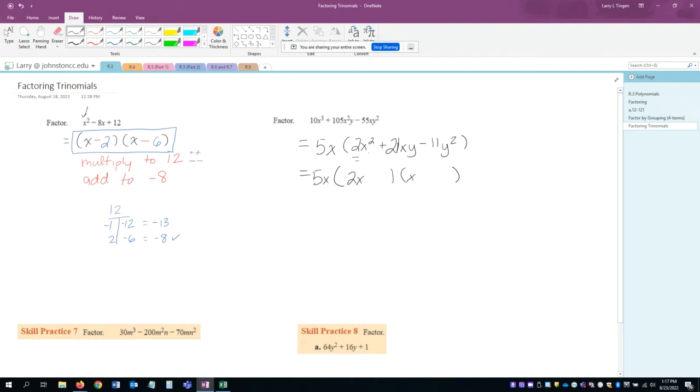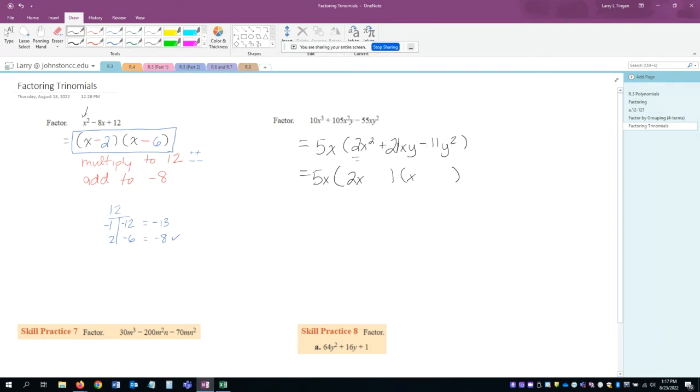So is everybody cool? 2x times x is 2x squared, and there's no other way to do that. Now, hands up if that's good. All right. That's what I like to hear. Okay. Good, good, good. So how about the last two? Well, in my last term, it's negative 11.